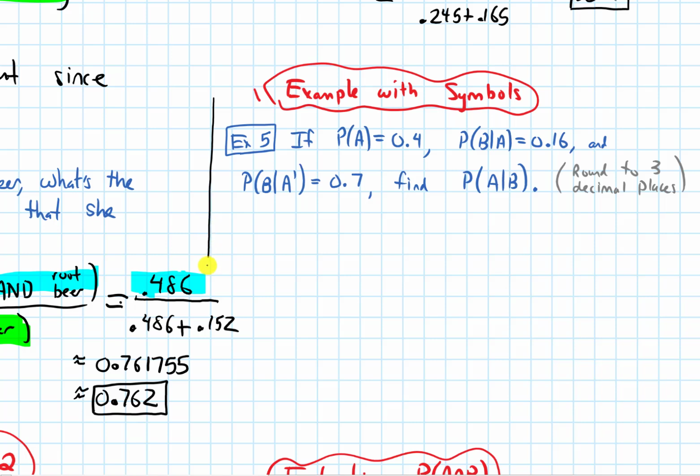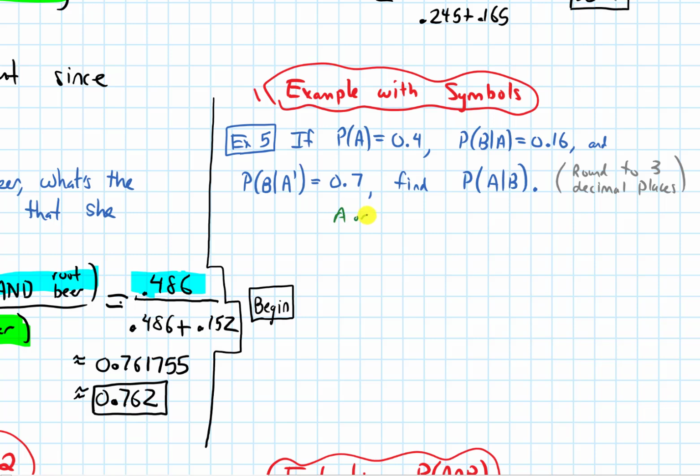So let's think about this using a tree diagram. I'm going to draw a section for where we will begin, and I'm going to represent this with 2 stages. One stage for whether or not A happens, and one stage for whether or not B happens. Because both of the conditional probabilities that I'm given say given that A occurs, or given that A complement occurs, I'm going to talk about A first.